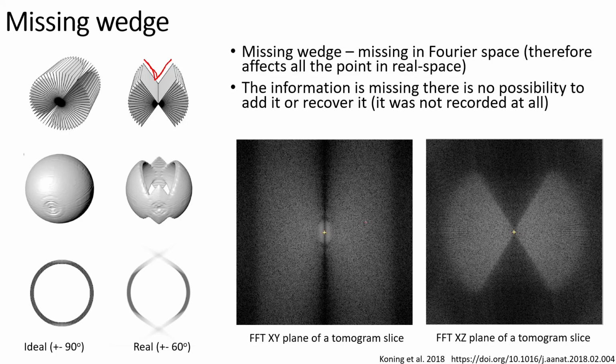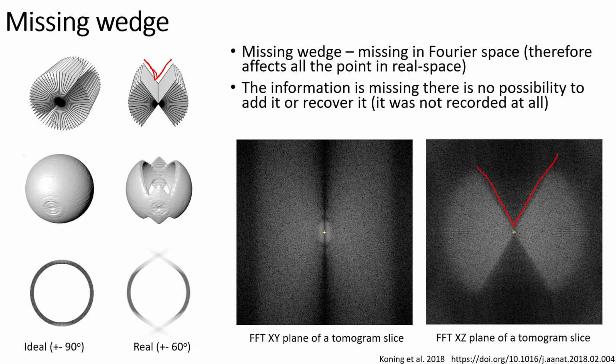What we will end up with is that in the XY plane of our tomogram, we will have a very nice Fourier transform, whereas if we take it from the side, from the XZ plane, we will see that in the Fourier space we have a wedge of missing information.